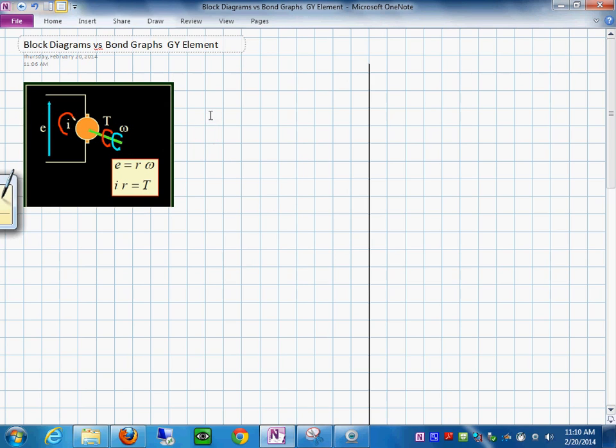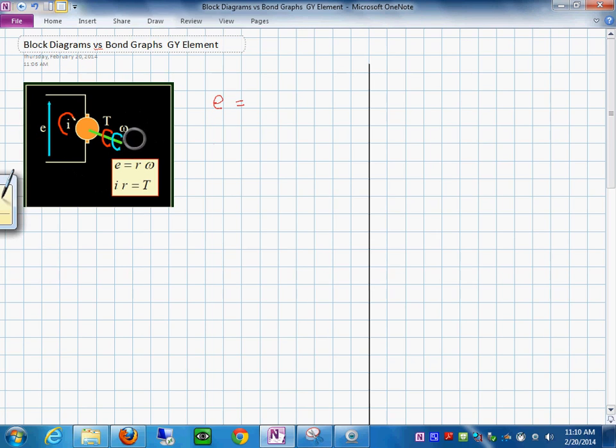But what we have in here is that this voltage E relates to the angular velocity.